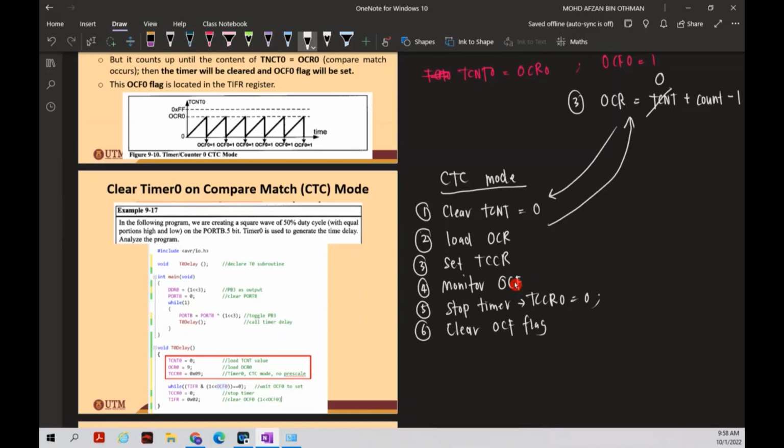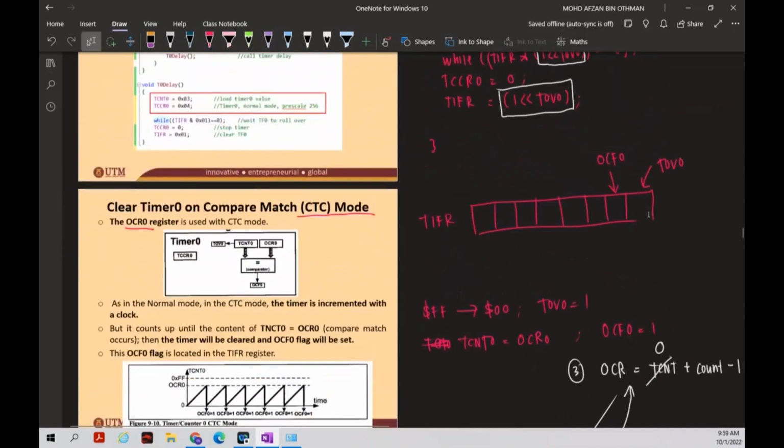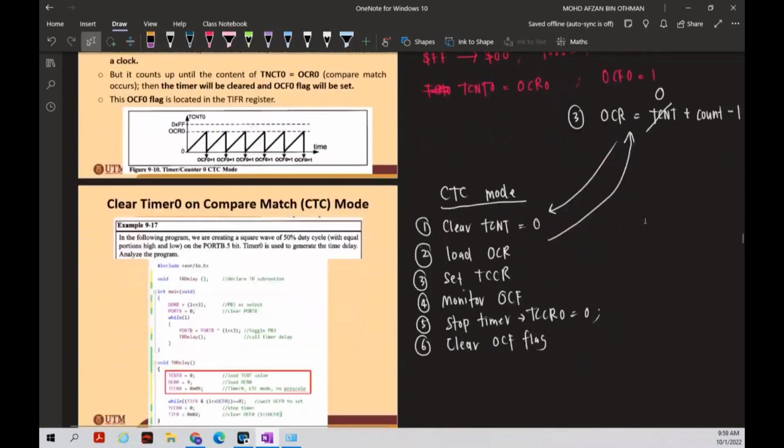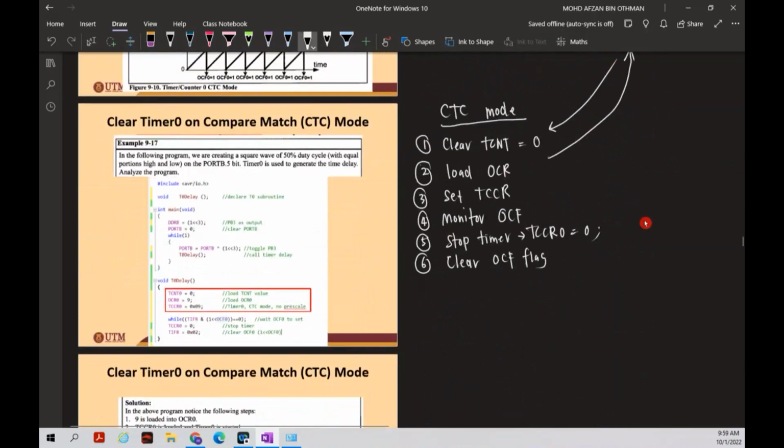This is your TIFR register, you need to put 1 to your OCF0 location to clear the OCF0 flag. And step number 7, the last step, you repeat step 1. So this is the CTC mode.